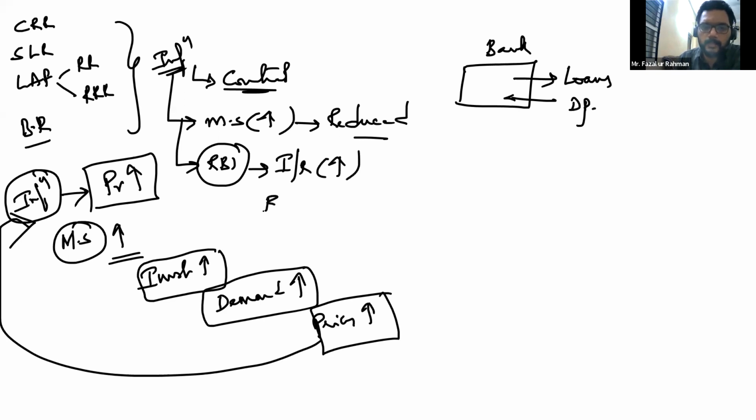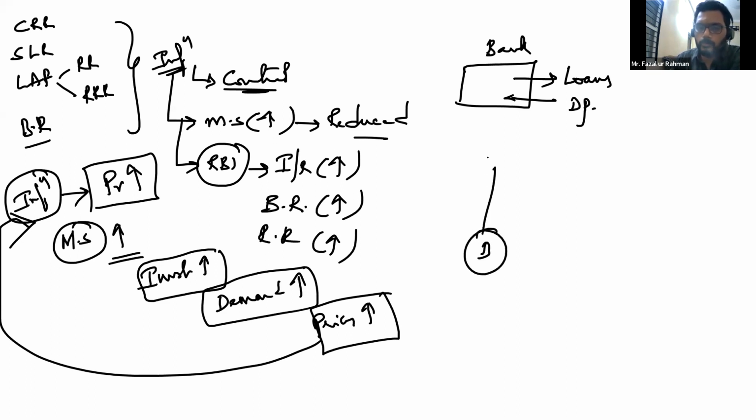That means the bank rate, a long-term rate, has also increased, so bank rate is high. Repo rate has also increased, so repo rate is also high. Now how does it happen, sir? Bank goes to the Reserve Bank, where the Reserve Bank is providing loans.